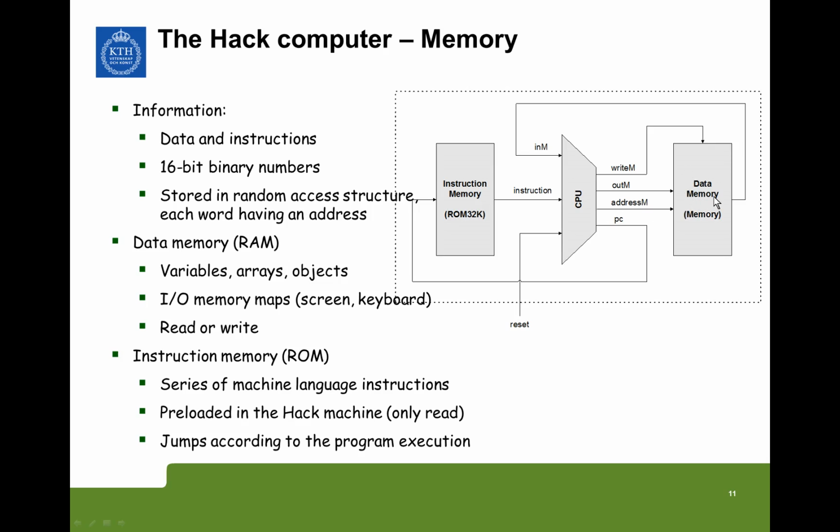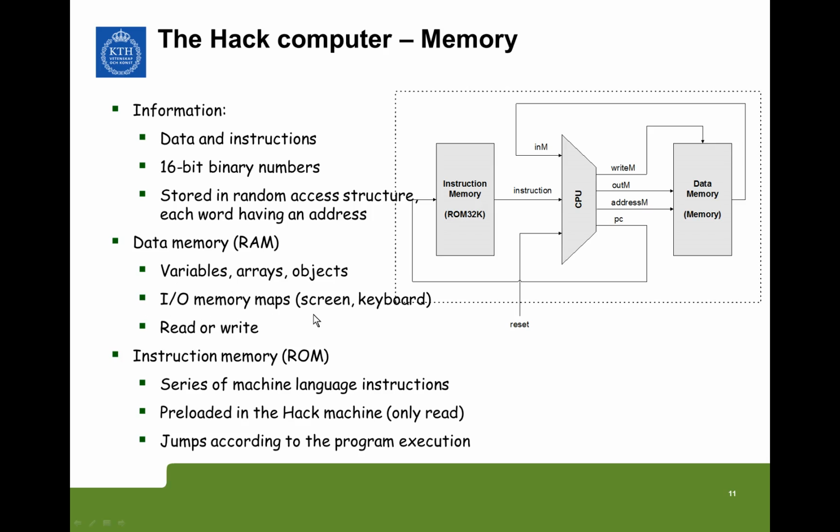In the case of data memory, it can also be written. The data memory, which is a random access memory, will contain variables, arrays, objects later on. Right now we can only put 16-bit integers in the data memory.